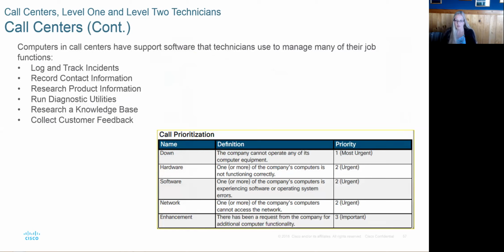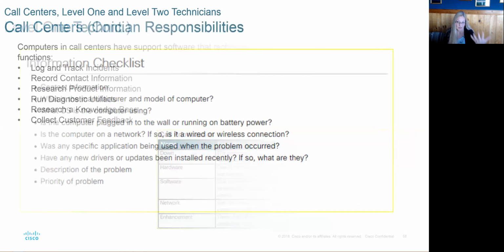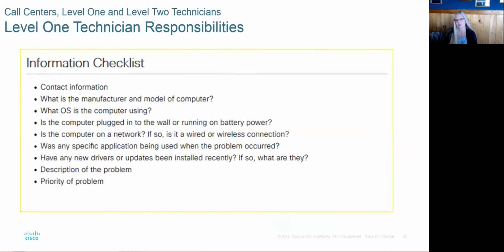Run diagnostic utilities, research a knowledge base if you haven't fixed it already, and then collect customer feedback. Make sure that if it's fixed, the customer is going to verify that it's fixed. So with your customer information, your contact information, make sure that you repeat things back to the customer so that you didn't get something wrong or misunderstand.